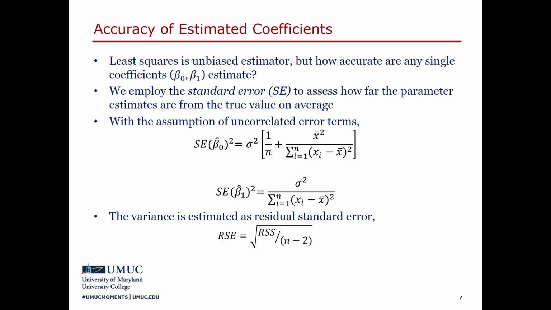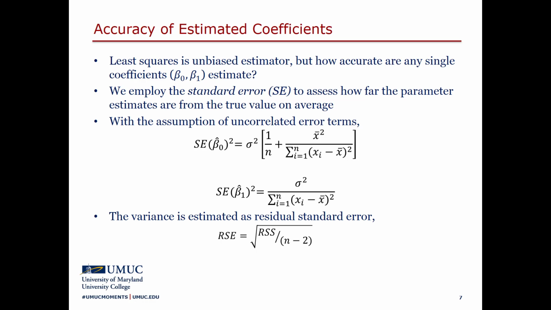So that's least square. Regardless of what technique you use for estimating the parameters, how accurate the estimation is also a very important part of linear regression estimation. By the way, least square is an unbiased estimator.